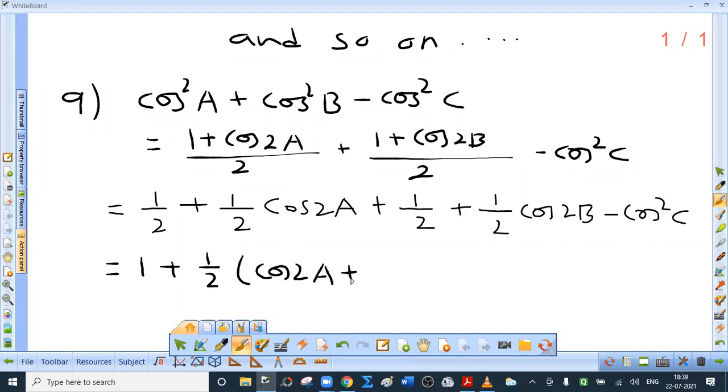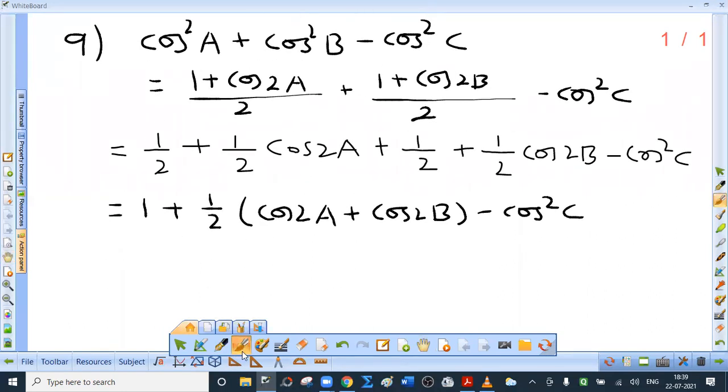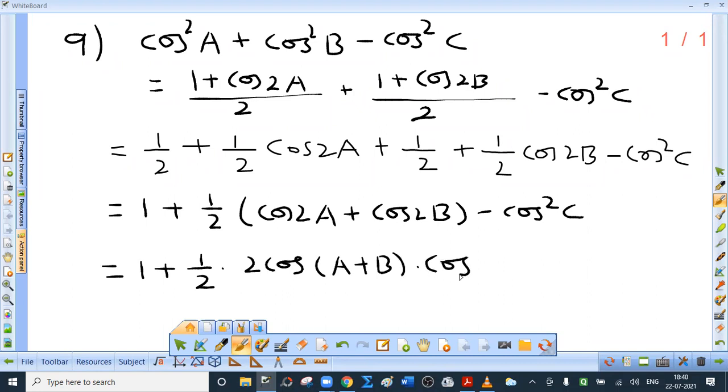So cos 2A plus cos 2B, minus cos square C. So this is 1 plus half. What is cos 2A plus cos 2B? It is 2 cos of (2A plus 2B) upon 2, that is cos of (A plus B) into cos of (2A minus 2B) upon 2. So it is just A minus B. Minus cos square C as it is.